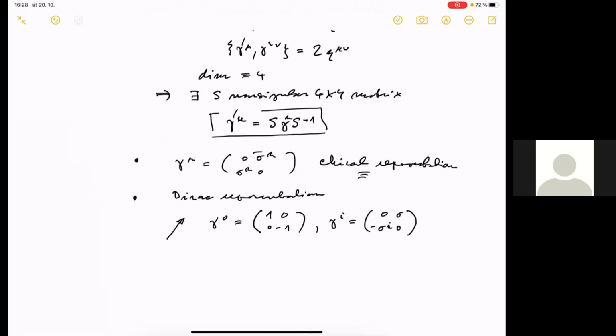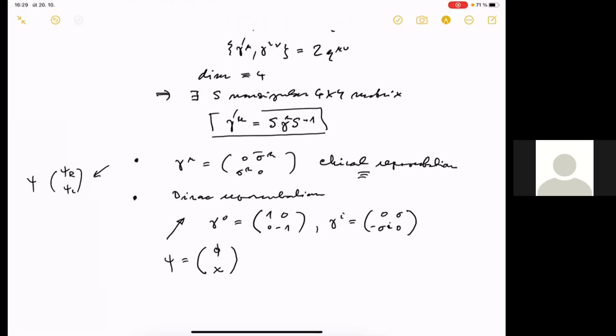Simply, in the chiral representation, the 2-by-2 blocks correspond to something which has nice transformation properties with respect to the Lorentz group, namely the right-handed spinor and left-handed spinor. But in this Dirac representation, these spinors are described by the so-called large component, call it, for instance, phi, and the small component, let us denote it chi.